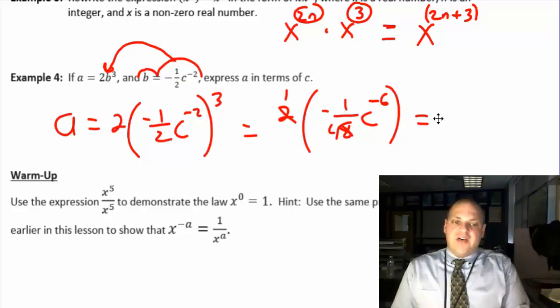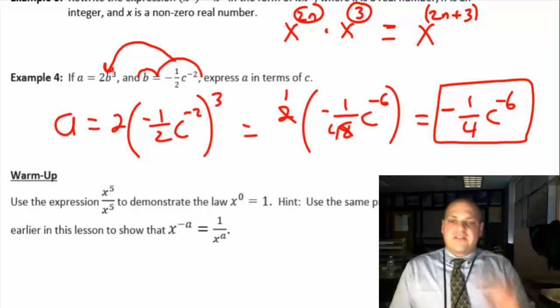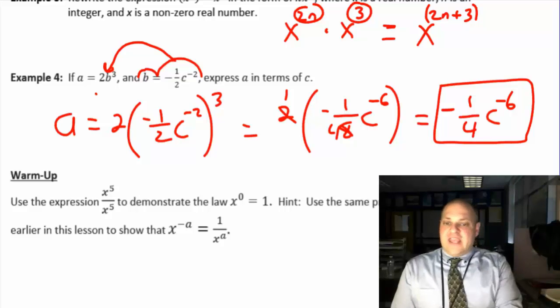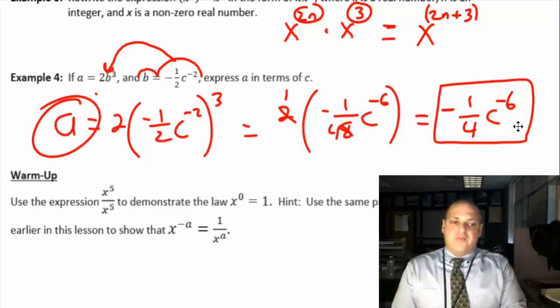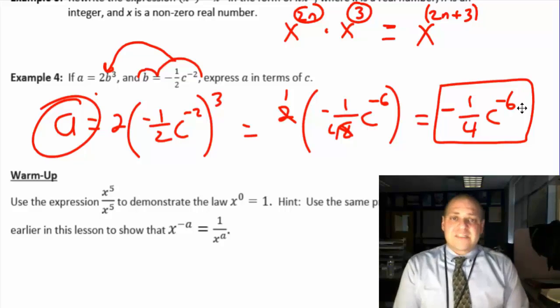So now I have negative 1/4 c to the negative 6. That's going to be our expression of a in terms of c. That's what a equals: negative 1/4 c to the negative 6. I'll see you in class tomorrow for some more practice on exponents.